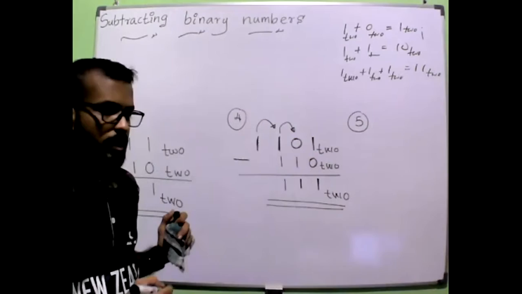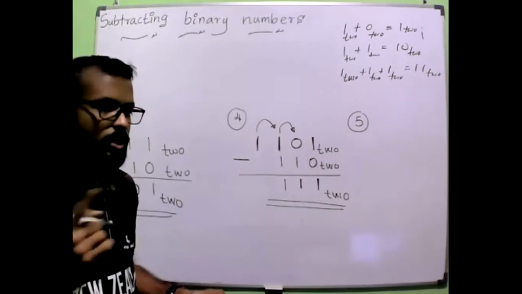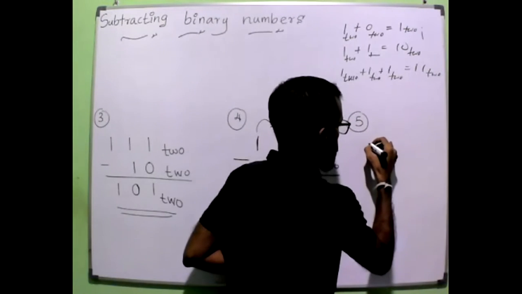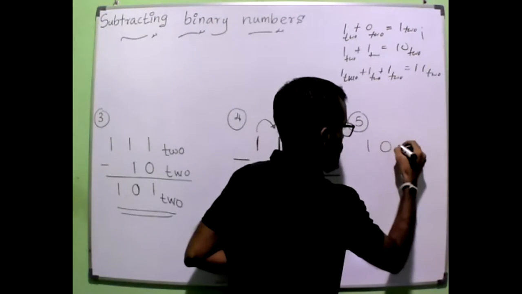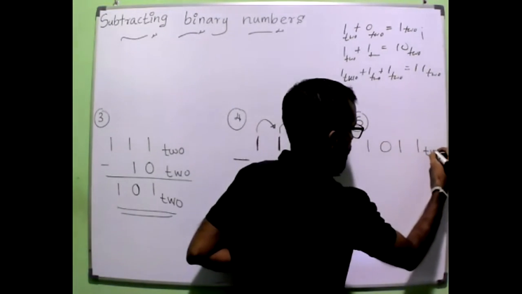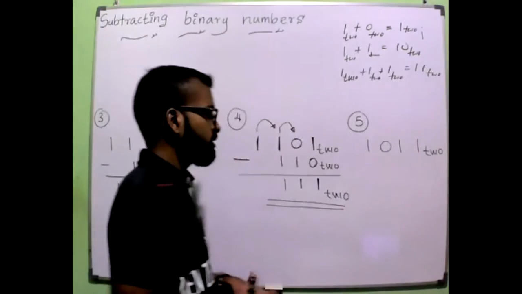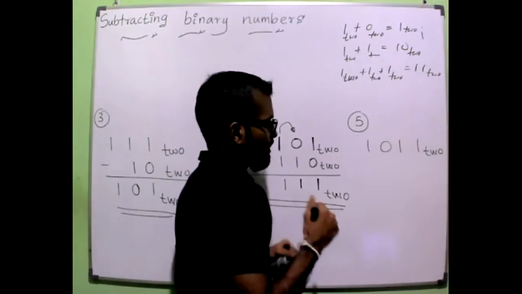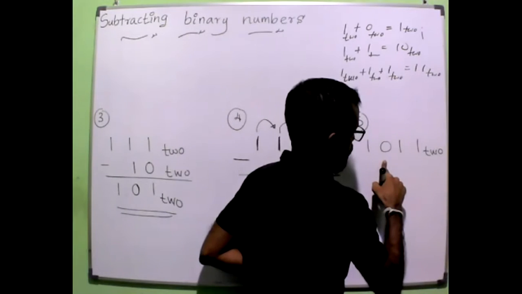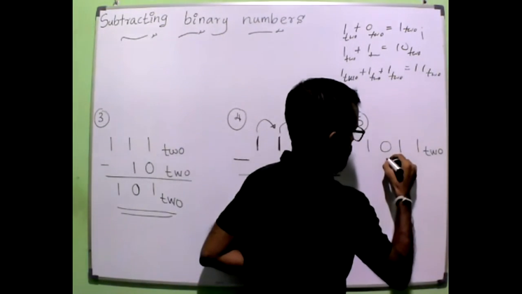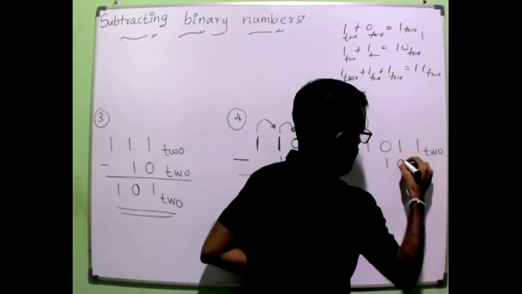Okay, fifth one. I want to check whether you understood this one or not. So I will give you something like this. The meeting disconnected, however, I will give you this.